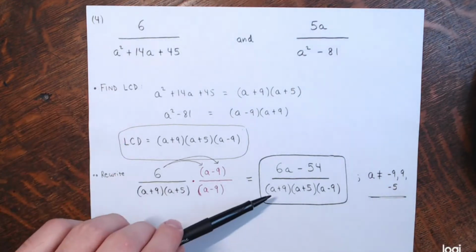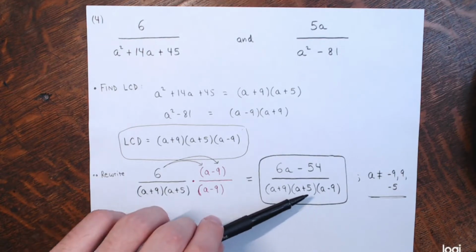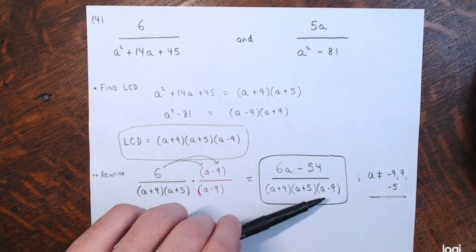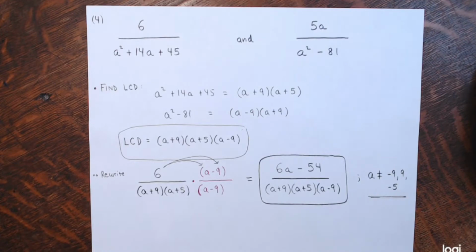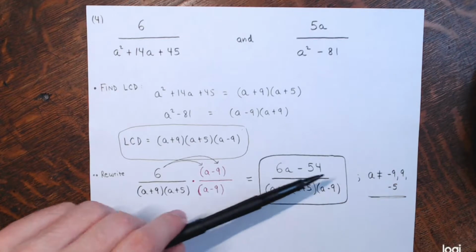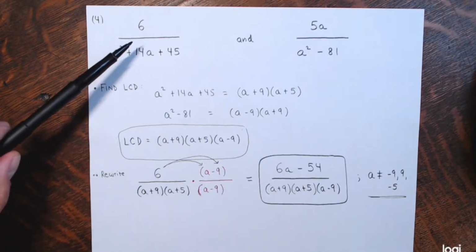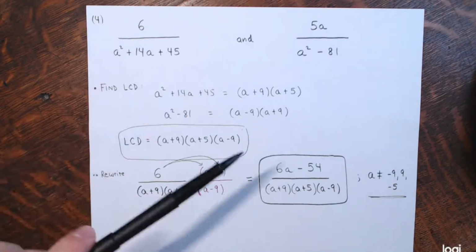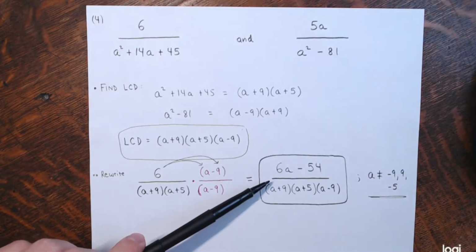Because if you plug in negative 9, positive 9, or negative 5 for a, you're going to have 0 in the denominator, and that's not good. That's undefined, dividing by 0. But for anything else, and I'm saying this every example, plug in any other value of a, and the value of this first fraction will be equivalent to the value of this second fraction that I wrote here in the box.